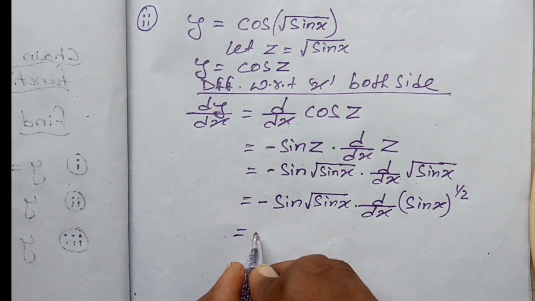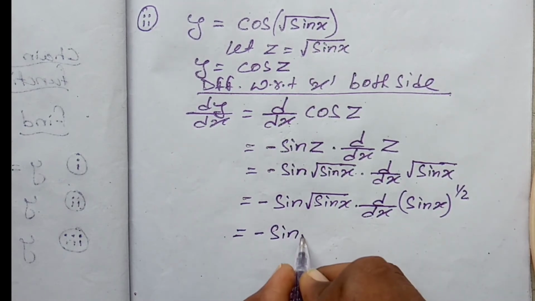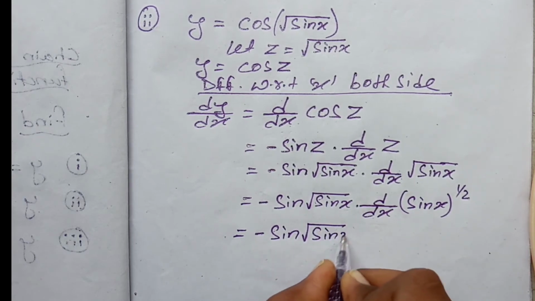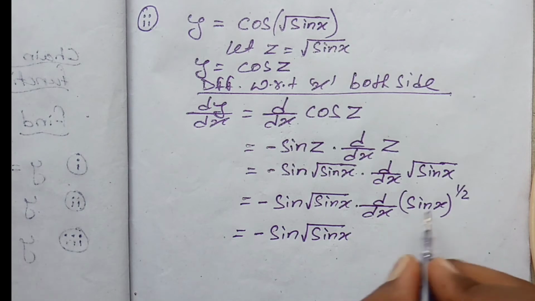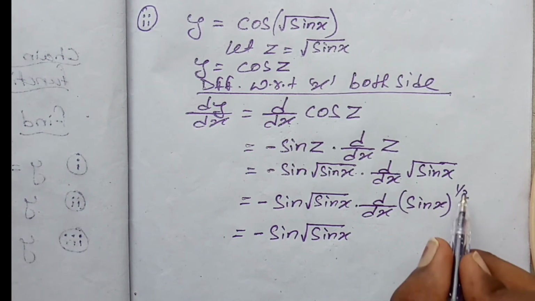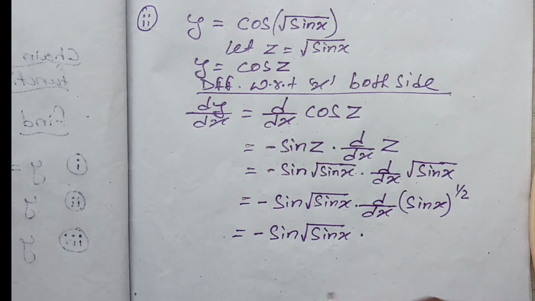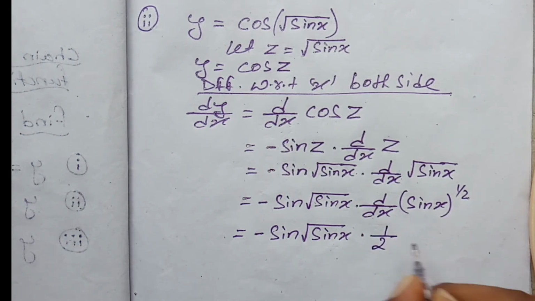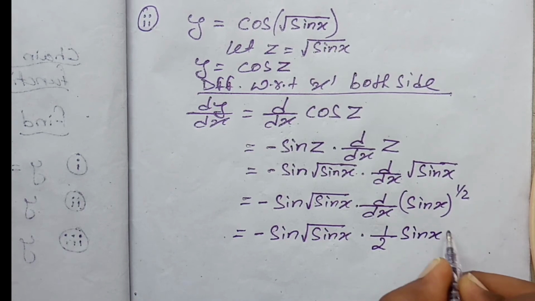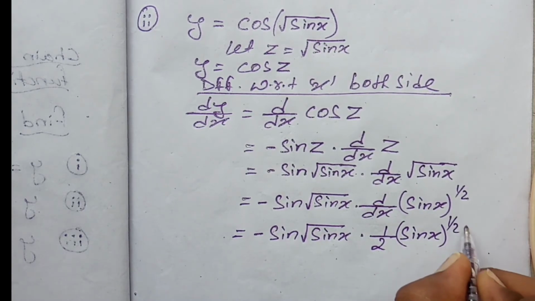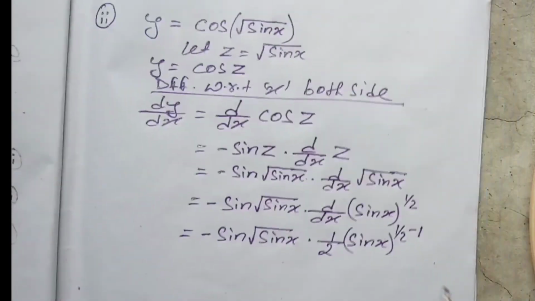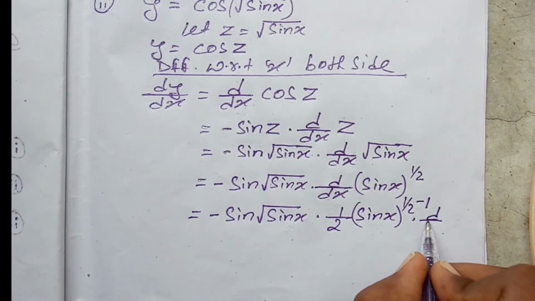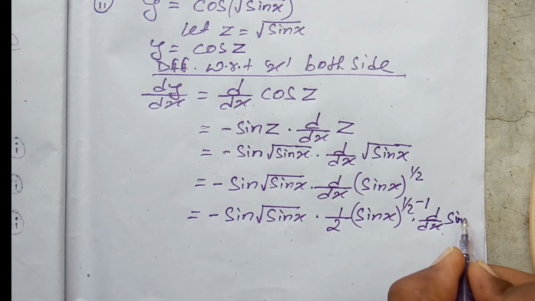So this is equal to minus sin(root under sin x), and first we differentiate the power. Let us consider sin x as x, so it is in the form x to the power n. What is the differentiation of x to the power n? n into (sin x) to the power 1 by 2 minus 1, and again we differentiate sin x, so d by dx of sin x.